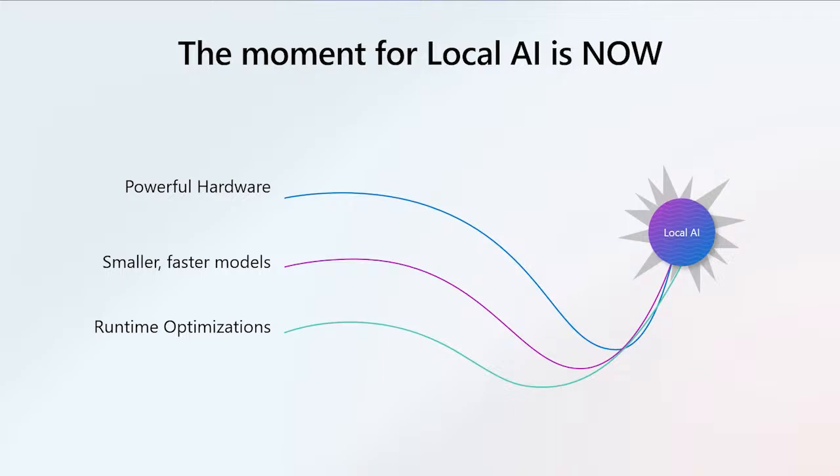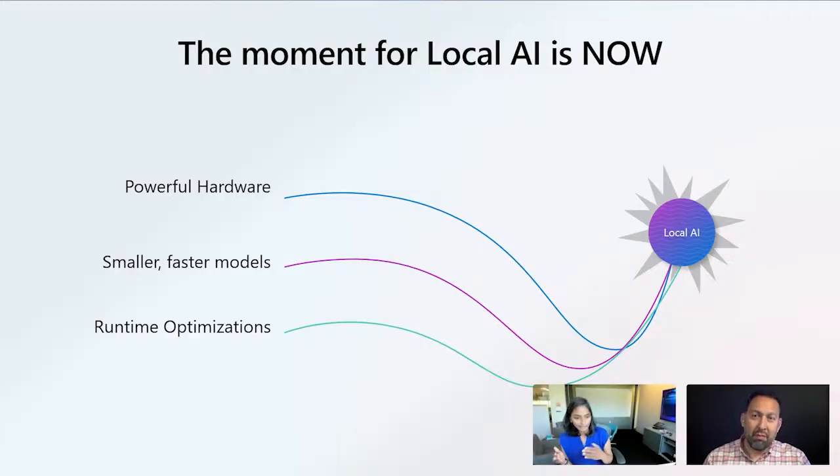Okay, so why are we talking about local AI today? I know, this has been a journey of a few years. AI has been happening for a few years, generative AI the last couple of years. Hardware has been getting more and more powerful. We have more powerful GPUs coming on market, CPUs, more powerful NPUs and Copilot plus PCs. Models are getting smaller, sleeker, faster, more efficient.